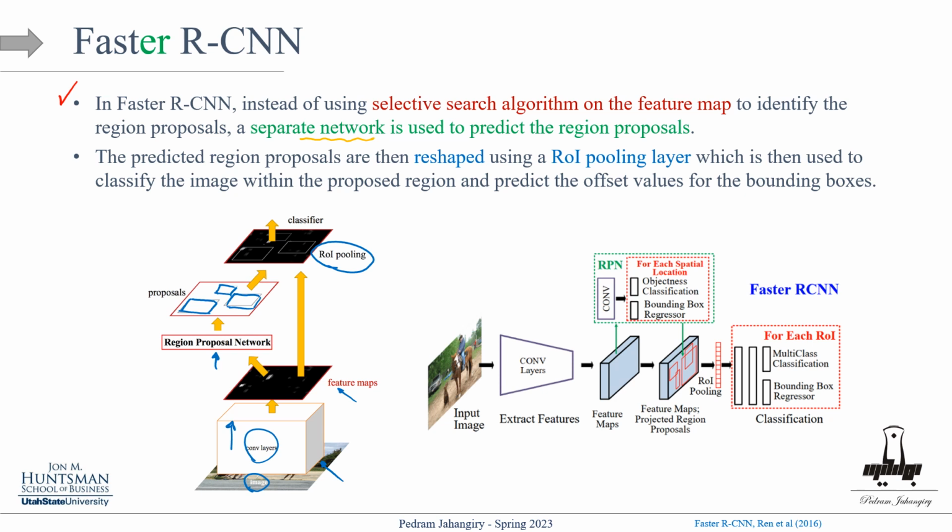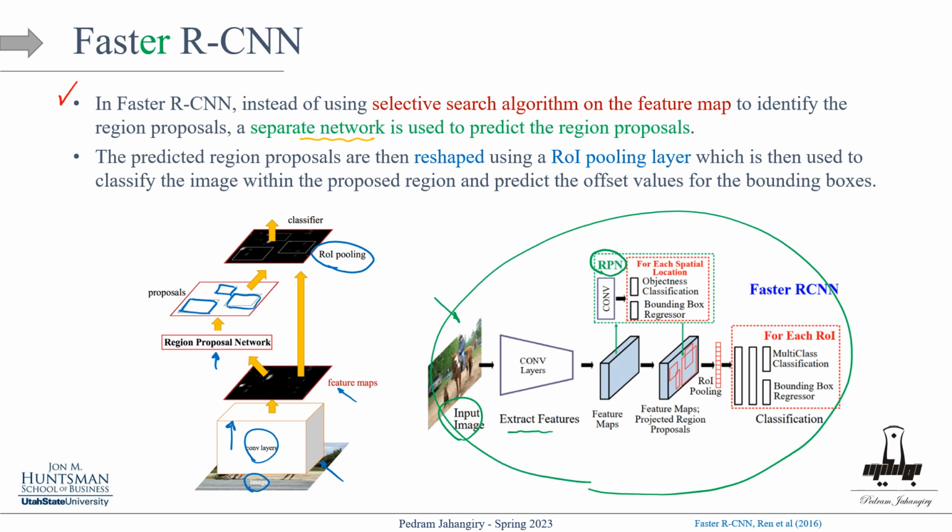So here's another representation that might solidify your understanding. This is our input image. We're going to pass it to a conv layer to extract features, and this is the feature map out of that layer. We're going to use a separate RPN. It's another network, but it is trainable within the entire model architecture. So this is the innovation part, right? The output of this network is going to be the object classes and the bounding boxes.